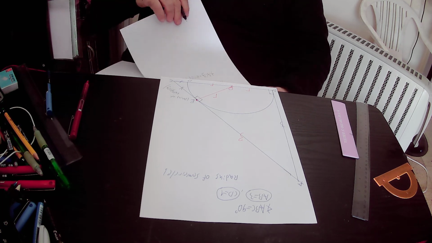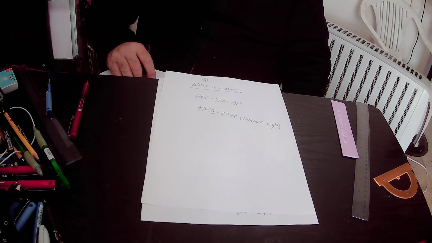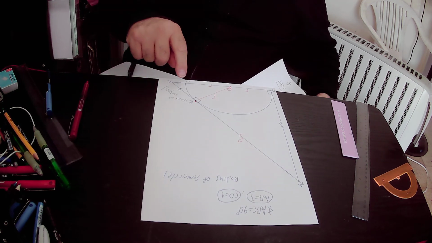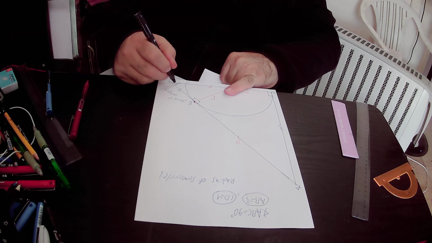I will repeat again: angle ACB equals to angle OEC. It is a common angle that belongs to both triangles.